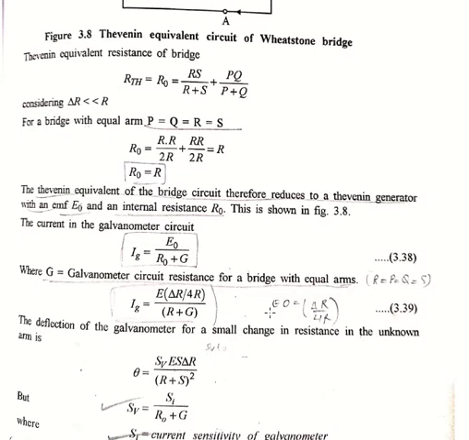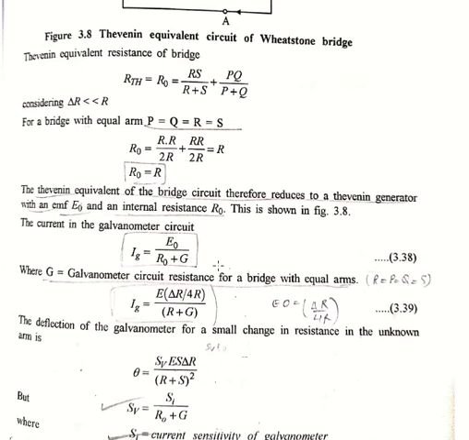Now the Thevenin equivalent of the bridge circuit therefore reduces to a Thevenin generator with the EMF of E naught and the internal resistance of R naught. So the current in the galvanometer circuit will be Ig equals E naught divided by (R naught plus G). This is the whole resistance, where G is the galvanometer circuit resistance, for the bridge with equal arms.